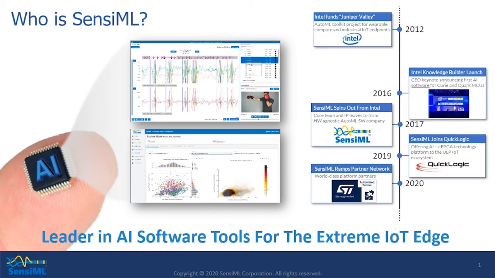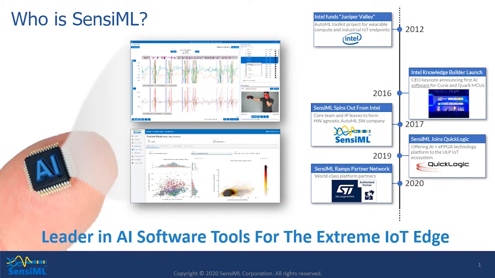SensiML traces its start to 2012 as an intact software tools team within Intel Corporation. At that time, the SensiML founders were tasked to deliver groundbreaking AI tools for Intel's Curie and Quark SE microcontroller platforms. That tool, known as Intel Knowledge Builder Toolkit, was received with much anticipation amongst the wearable developer community when launched in 2016.